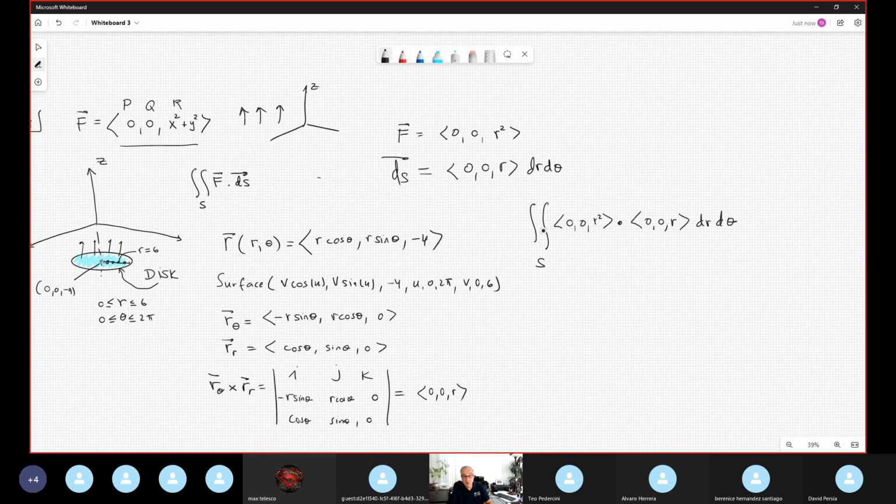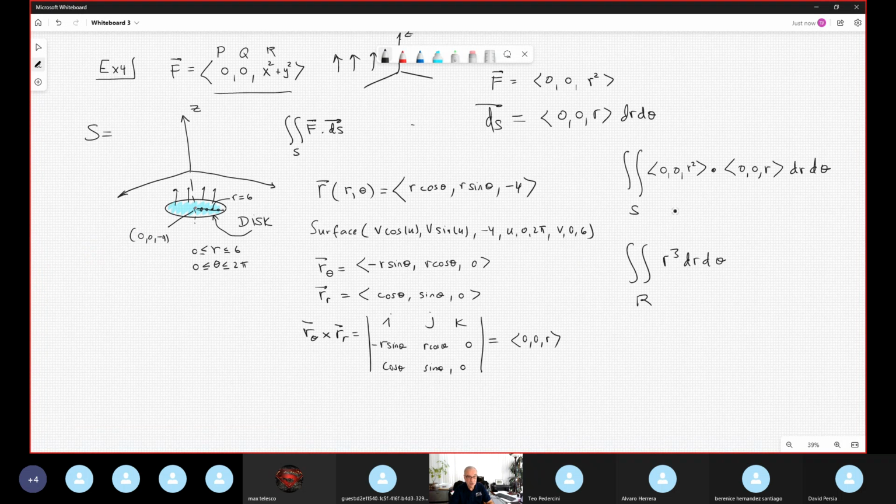But when you perform the dot product, it is no vector anymore. It's r cubed, no? 0 times 0 plus 0 times 0 plus r squared times r, dr d theta. And it's now the double integral in the region R. Now, what is the region R?